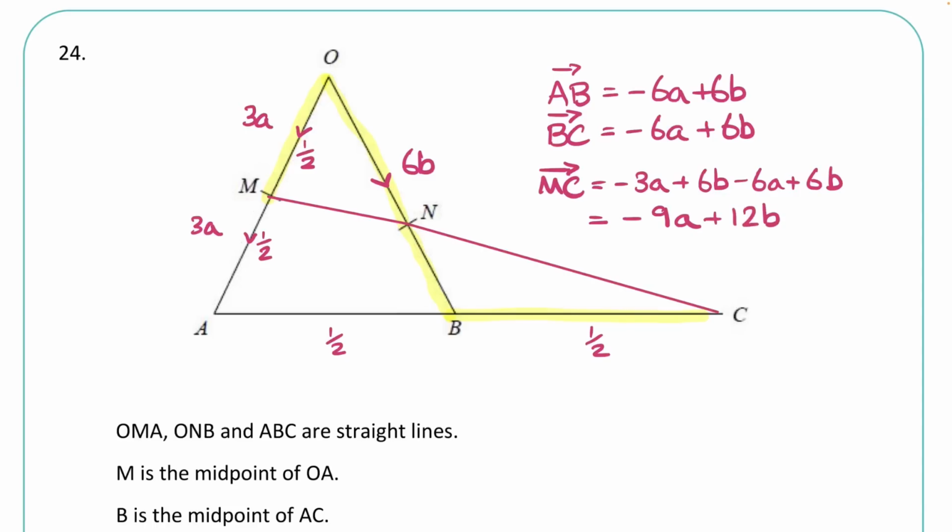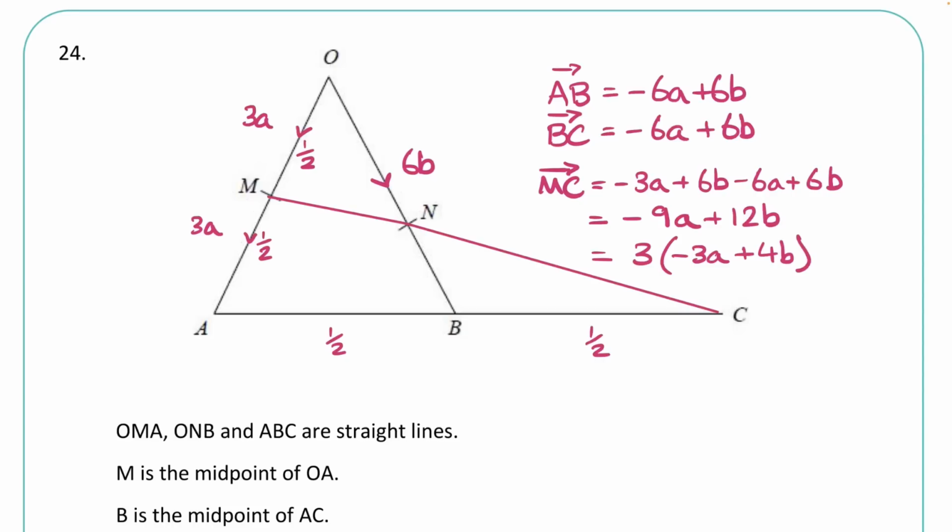So that is how I get from M to C, and that's one of the lines in this question that we have to find. So typically at this point, it's also very good practice to now factorise that particular vector. They both divide by 3, so I can have 3 on the outside, and then I would have minus 3A plus 4B.